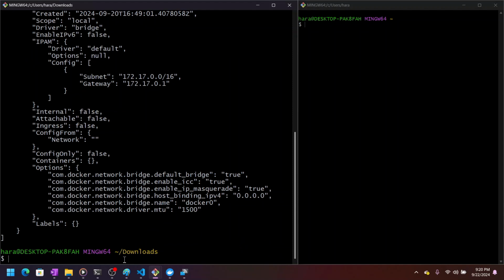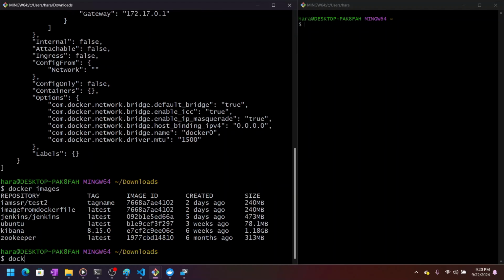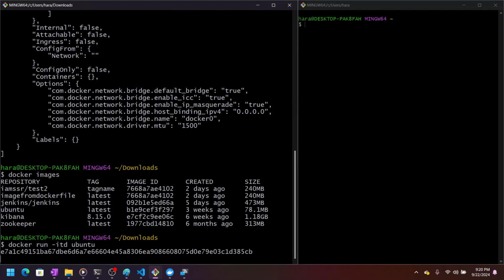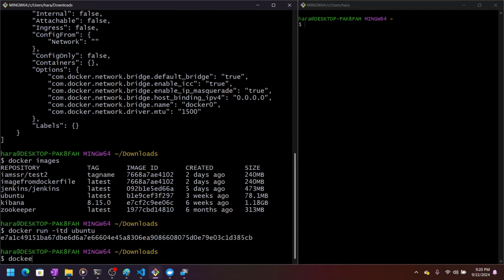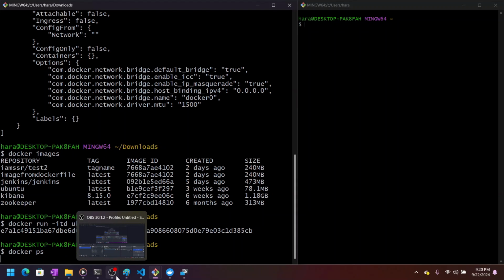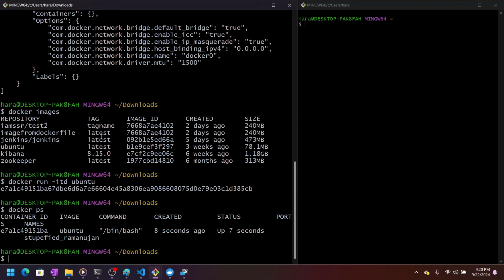To prove that, let's create a container. Docker images, let's see if I have any images or not. Yeah, I have. Docker run -it Ubuntu. So let's inspect this container.